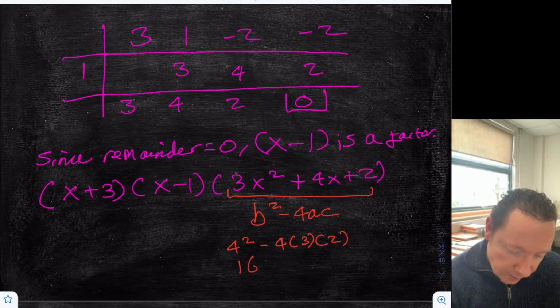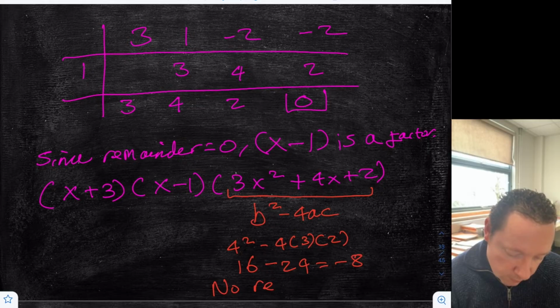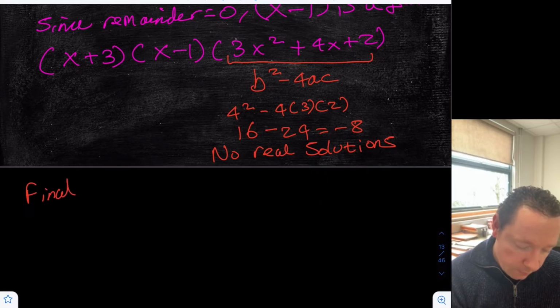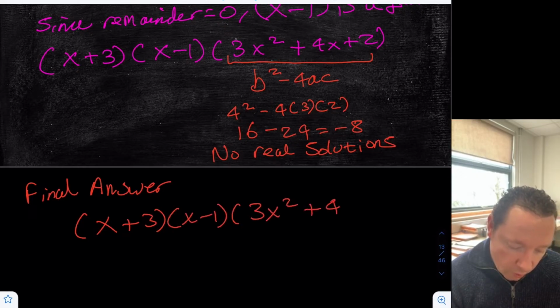That's 16 minus 12 times 2 is 24, which is negative 8. That means no real solutions. Final answer is x plus 3, x minus 1, 3x squared plus 4x plus 2, and we're done there.